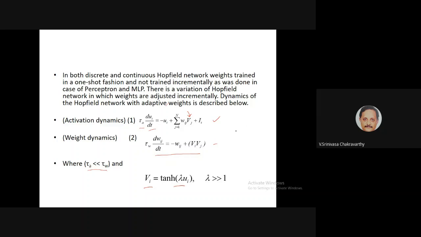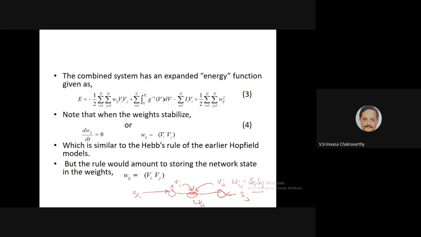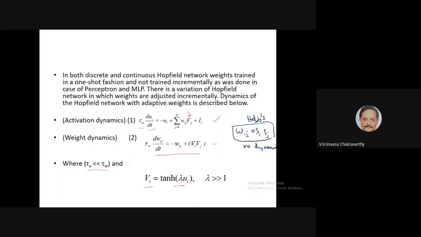Earlier, weights didn't have any dynamics: Wij is equal to si sj, where s is a stored pattern. This is Hebb's rule. Here there is no dynamics, whereas now we are saying that dWij/dt is equal to minus Wij plus some Vi Vj, where Vi Vj is the neuron state itself.